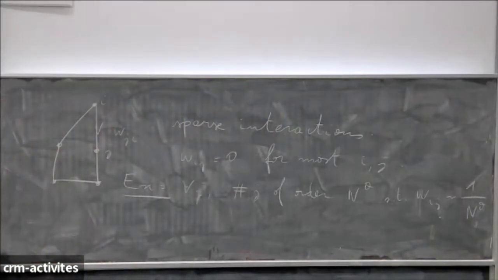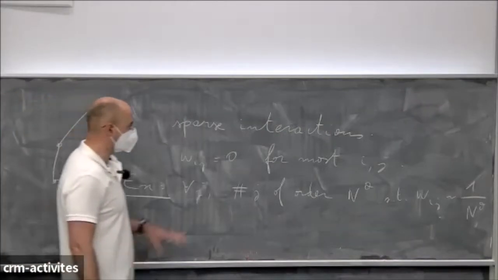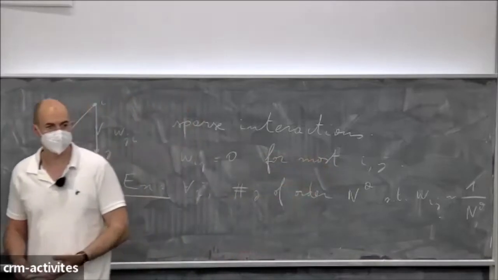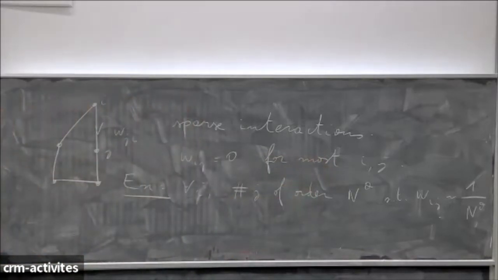And any such network will satisfy my assumptions. So in any such case, we have good reason to believe that we should be in a mean field scaling, because the law of large numbers should still apply, and we should still see some sort of average field. Actually, there are a lot of examples of stuff like that.